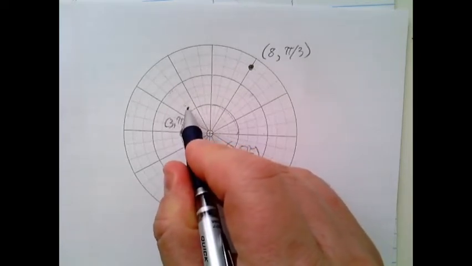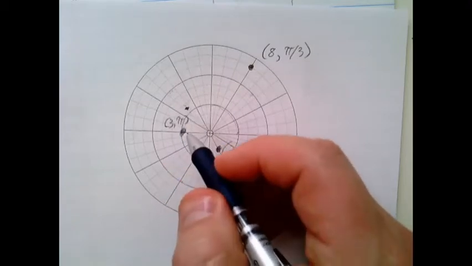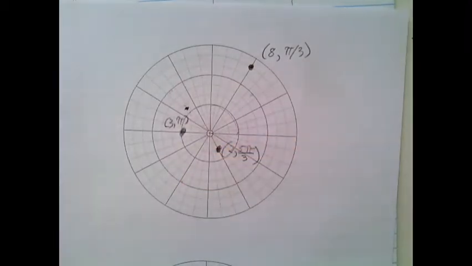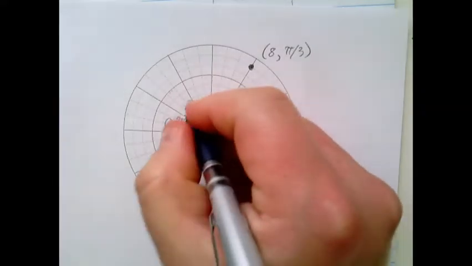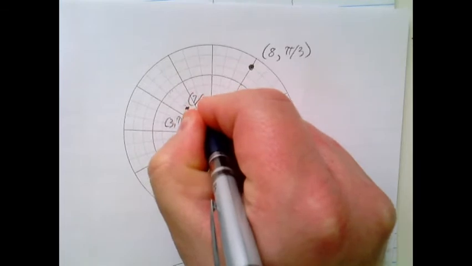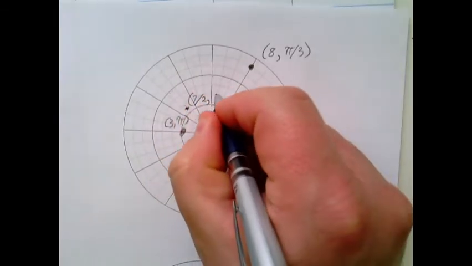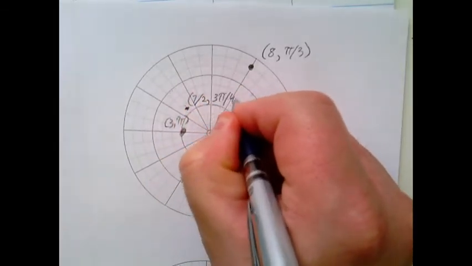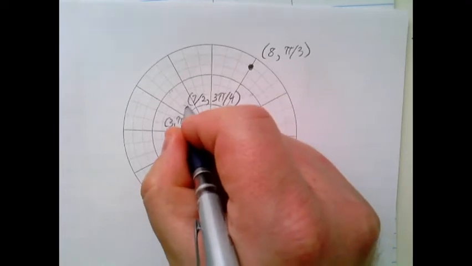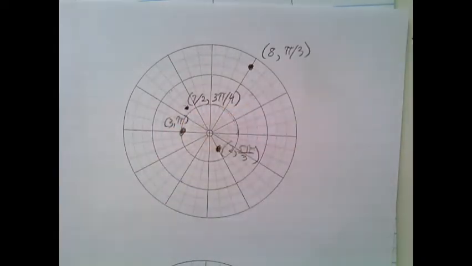Now, some types of polar graph paper will have a line right on those 45-degree increments. That's actually kind of better. I got this one because it had lots of lines, but unfortunately it doesn't have a line right on 45 degrees. No biggie. So 7/2, comma 3 pi over 4. That's our point there. Alright, let's continue practicing.